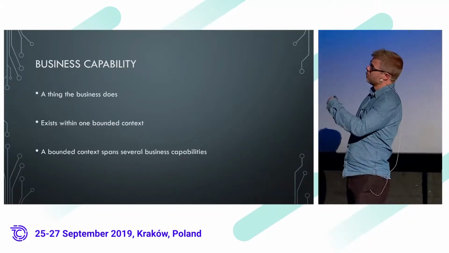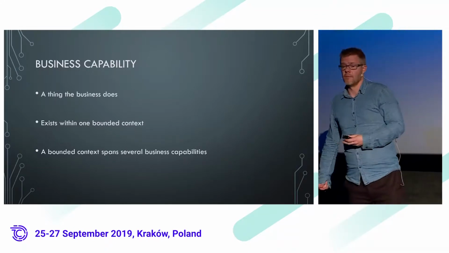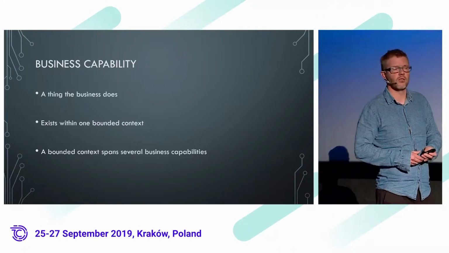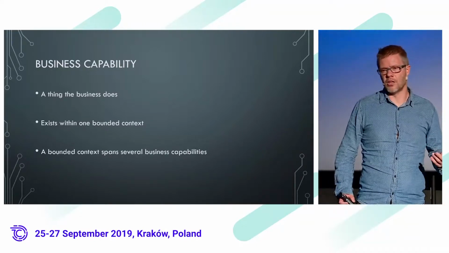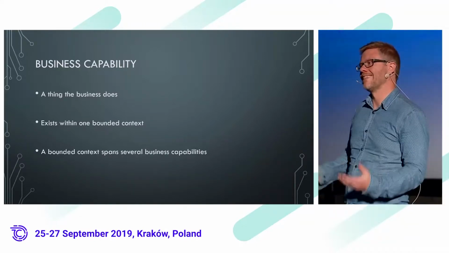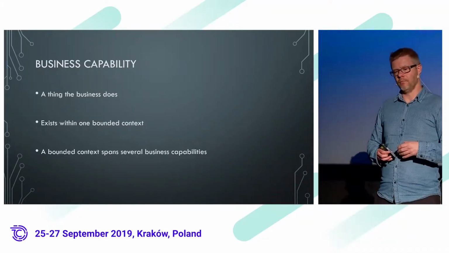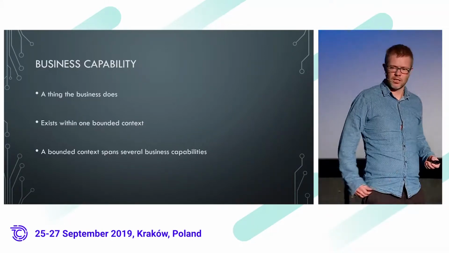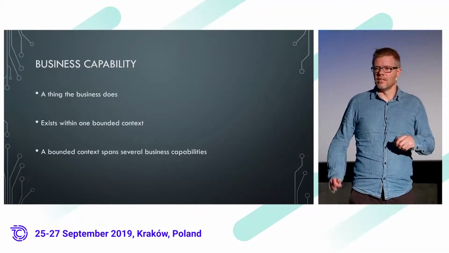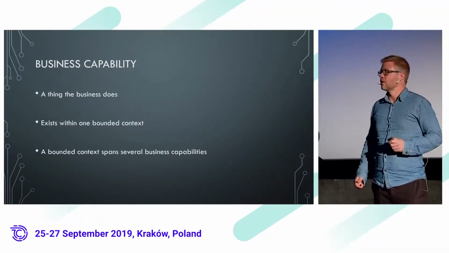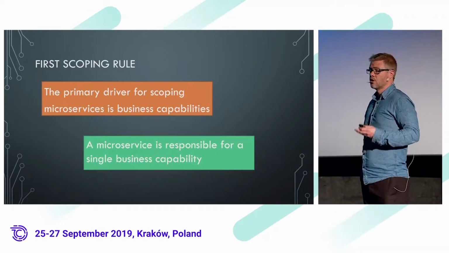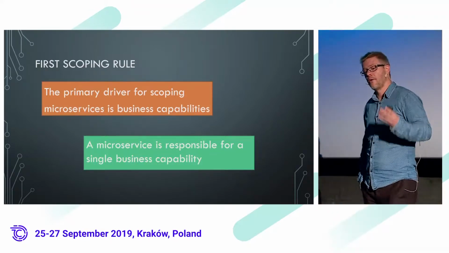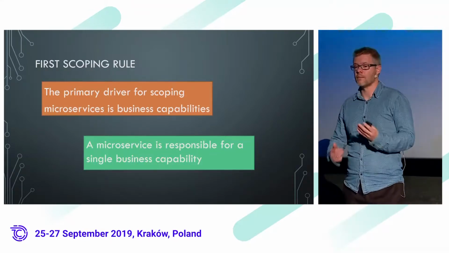But also, there's more than one thing going on within a bounded context. We do more than one business thing in there. So there are several capabilities within each bounded context, and they each exist just within the bounded context. And that's what should primarily guide how we scope the microservices.